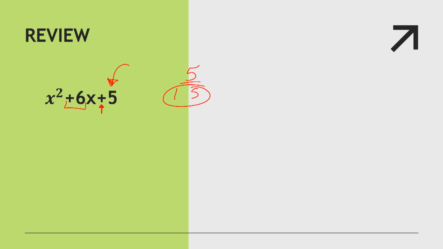I'm going to take those and build my two binomials. So I have a 1 and a 5. My second operation tells me that both of my binomials have the same sign as the first operation, and then I have my x and my x. So there are my two binomials that I get when I factor that trinomial.